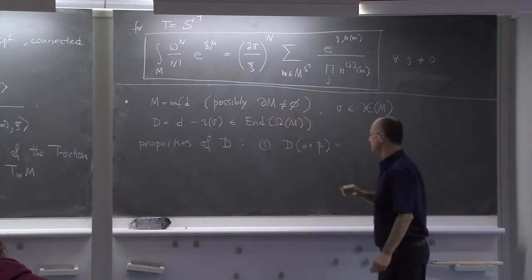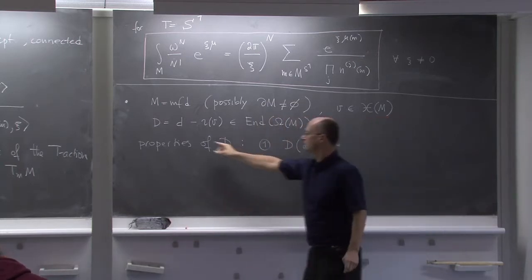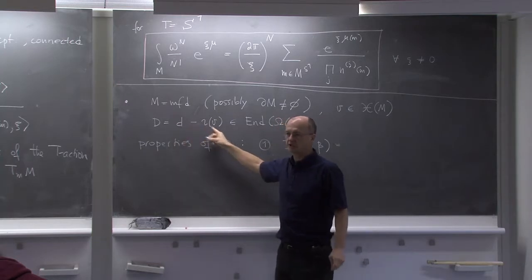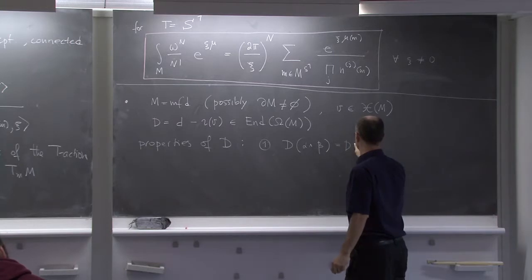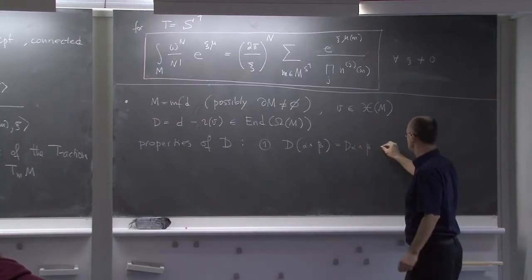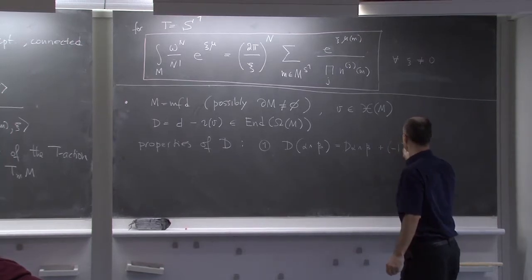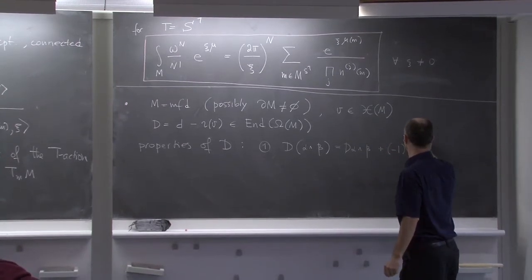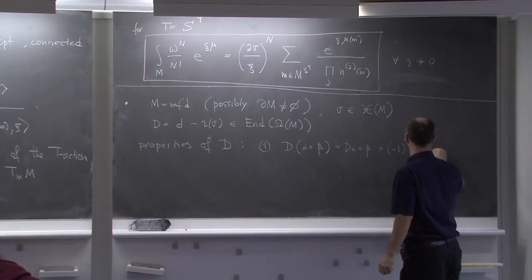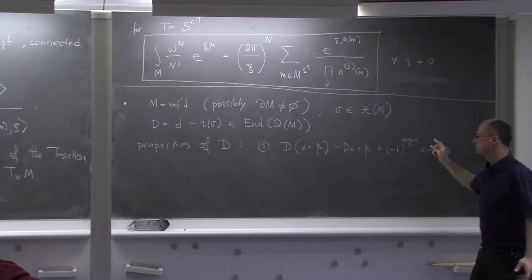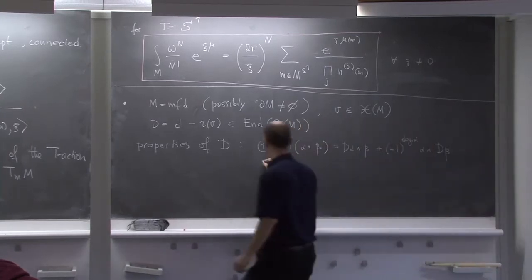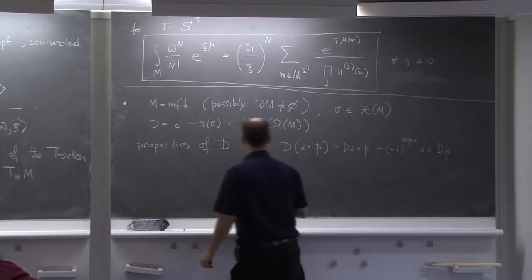If it acts on the wedge product, well, we know that both the de Rham differential and contraction are graded derivations, which means that we'll get D(alpha wedge beta) = D alpha wedge beta plus minus 1 to the power degree of alpha, alpha wedge D beta. And this is the same type of property as for the de Rham differential itself.